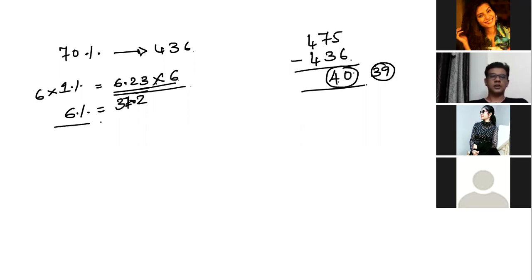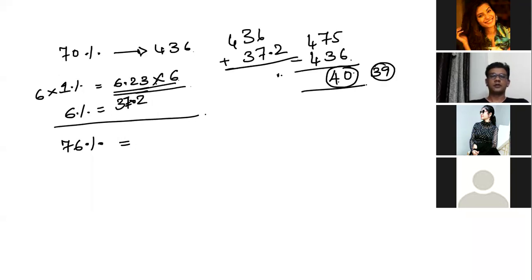So which means by the end of this, where am I, guys? I am at 76% and I am at 436 plus 37.2, that is, I am at 473.2.